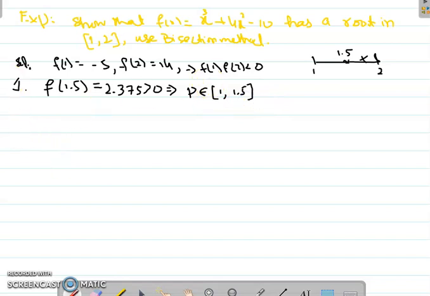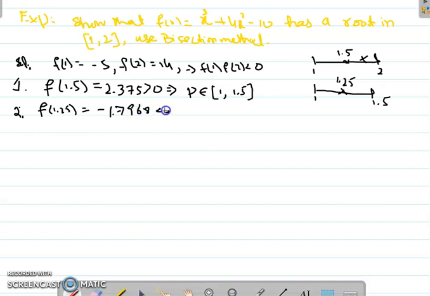And we will continue this for another iteration. So we will further divide this interval 1 and 1.5, and we will get the middle point of these two, which is 1.25. And in the second iteration, we will check this value in the given function, which gives minus 1.796.